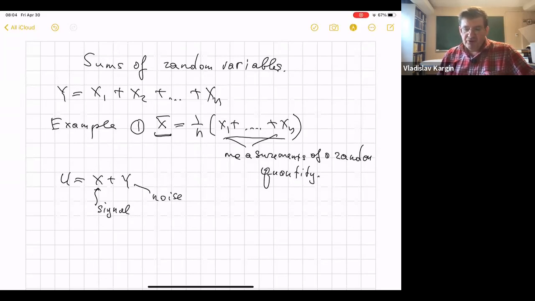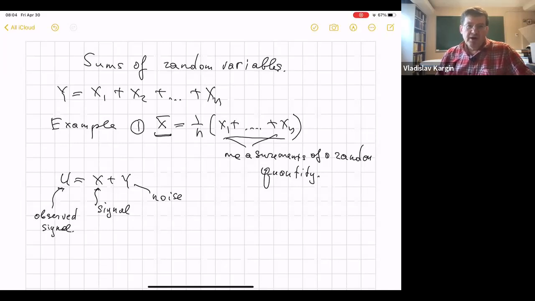And you want to figure out how the distribution of this observed signal depends on the distribution of the signal and the distribution of the noise.